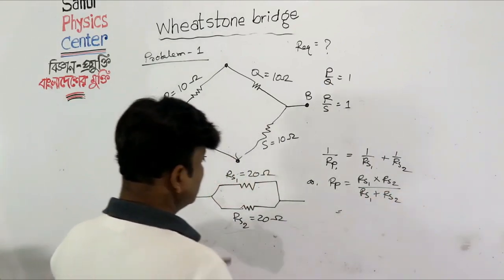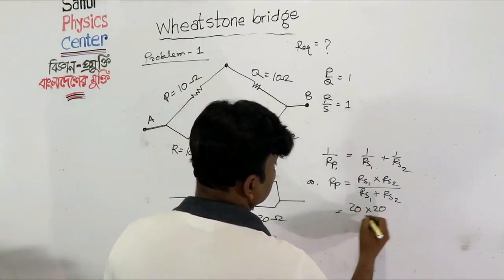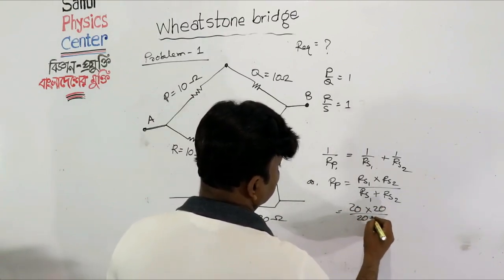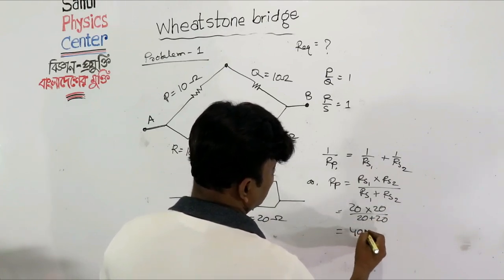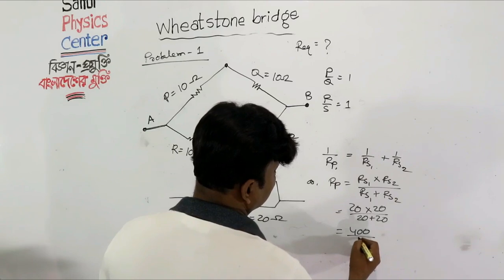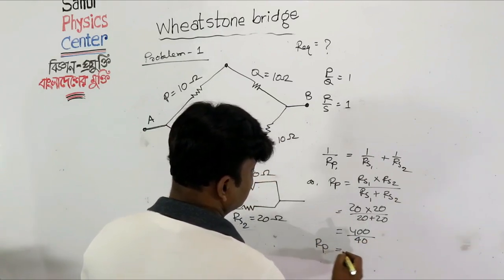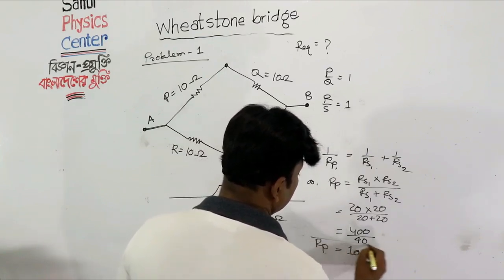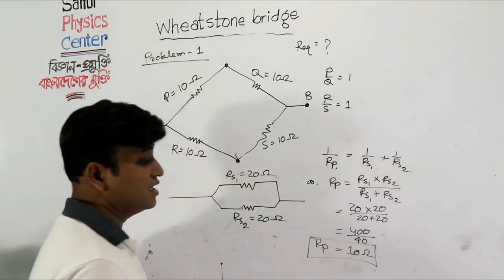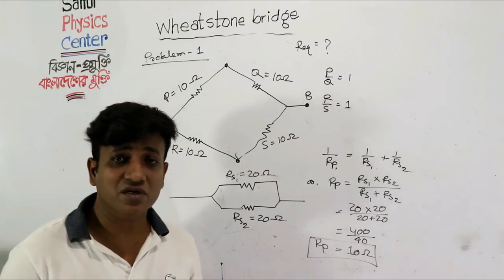Now putting the values, we get 20 into 20 divided by 20 plus 20. So we get 400 divided by 40. Finally we get the equivalent resistance is 10 ohms. Hope you got it.